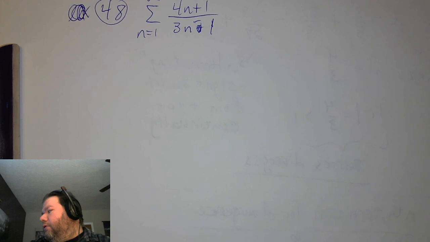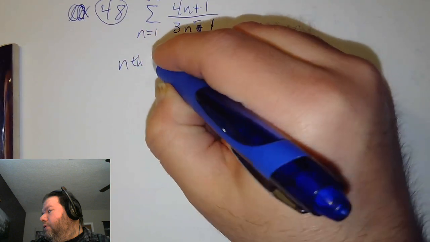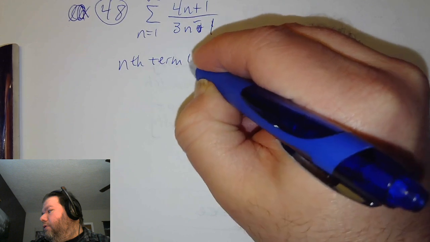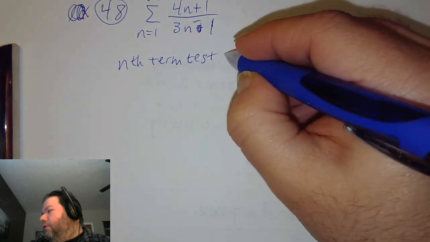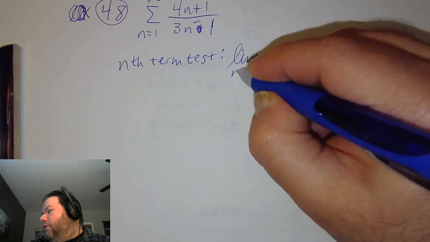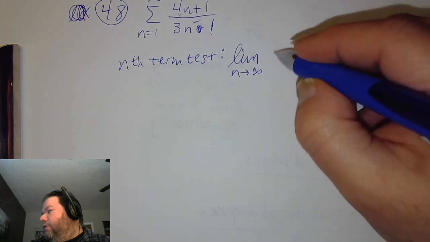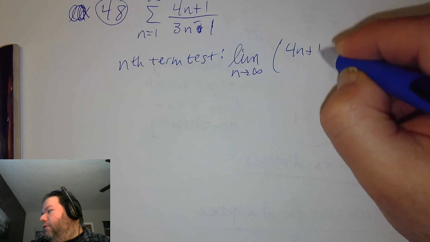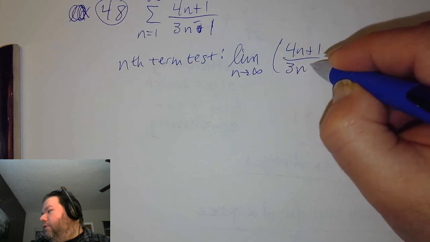So, we can try to apply the nth term test. It says we take the limit as n goes to infinity of 4n plus 1 over 3n plus 1.